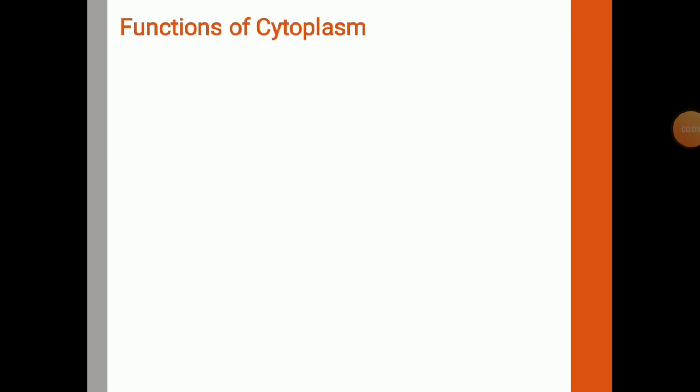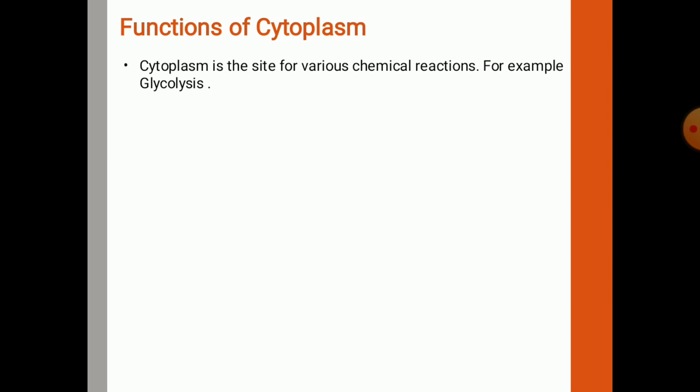Let us see the functions of cytoplasm. Here in this cytoplasm, some important chemical reactions occur. For example, glycolysis. Glyco means glucose, lysis means breakdown. Glycolysis means breakdown of glucose molecules. It helps in the production of energy.